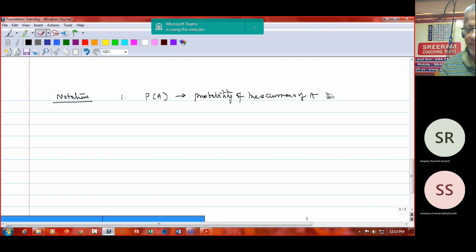Probability of occurrence of A. Then P of A should be greater than or equal to 0, so it can't be negative. The sum of probabilities is always 1.